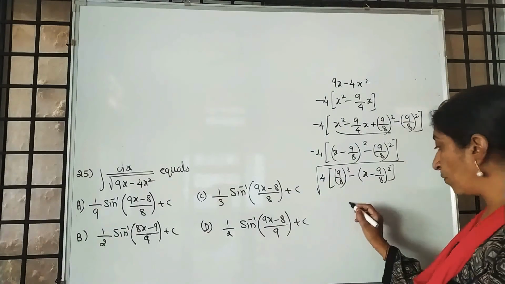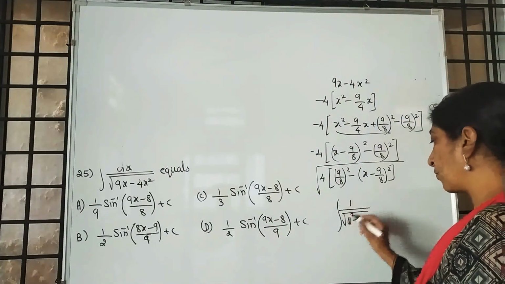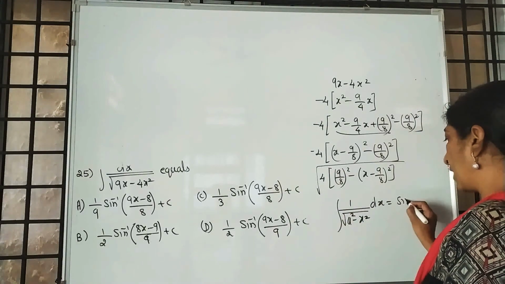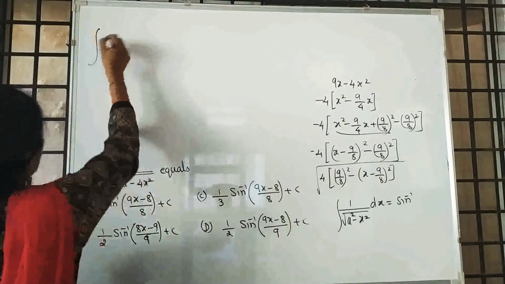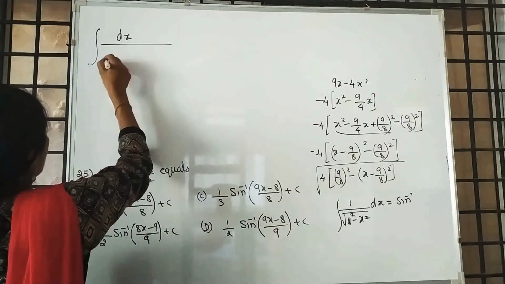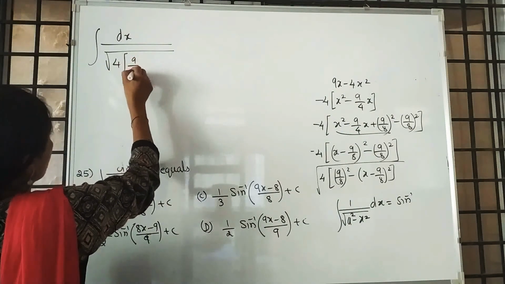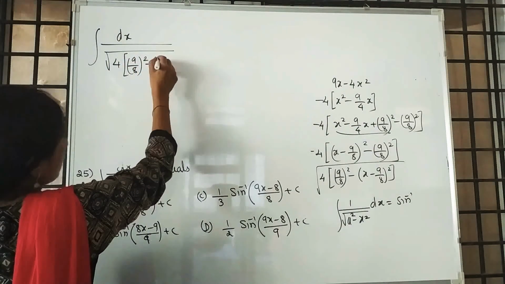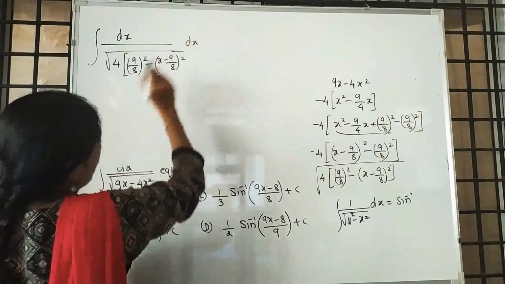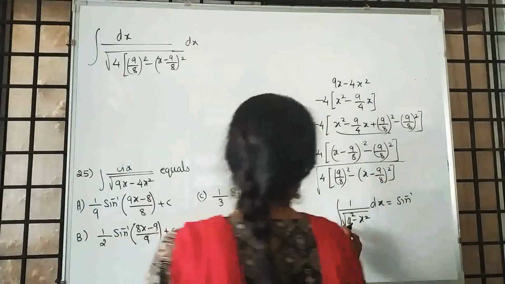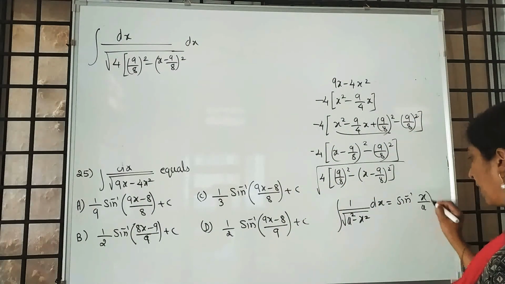And it is in the form of 1 upon root of a square minus x square. That is the sine inverse of, see, I will write the complete question here. It is dx upon root of 4 in the bracket 9 by 8 whole square minus x minus 9 by 8 whole square. It is in the form of 1 upon root of a square minus x square, sine inverse x by a.